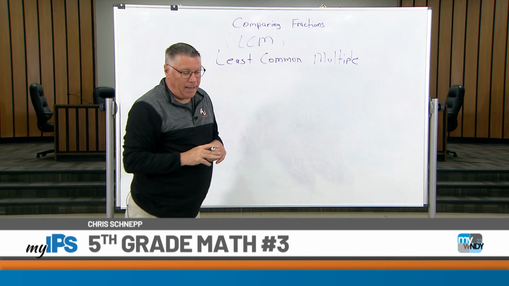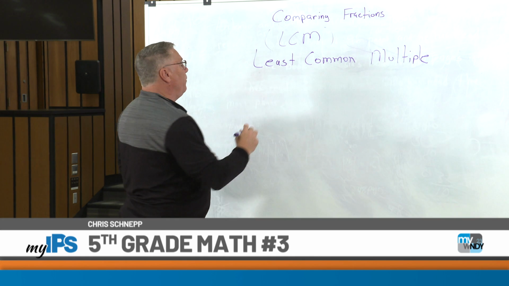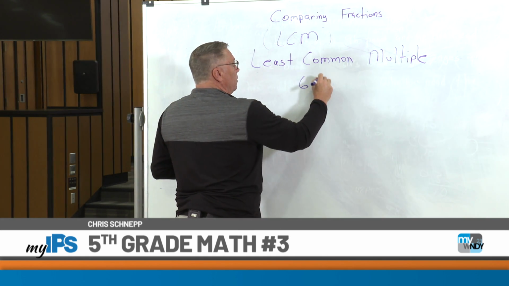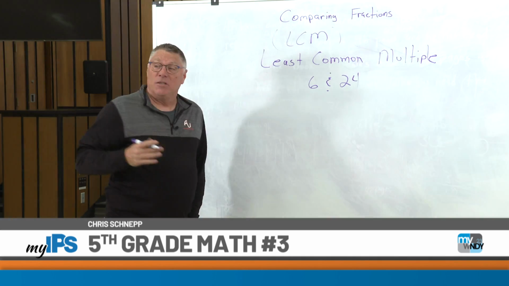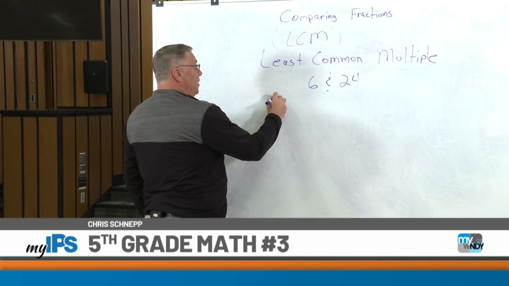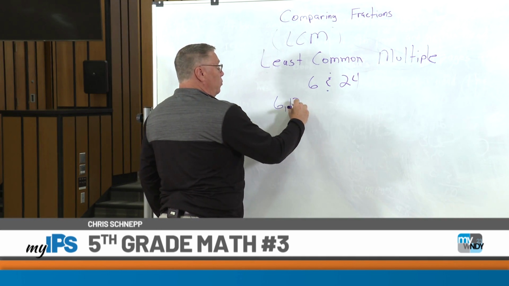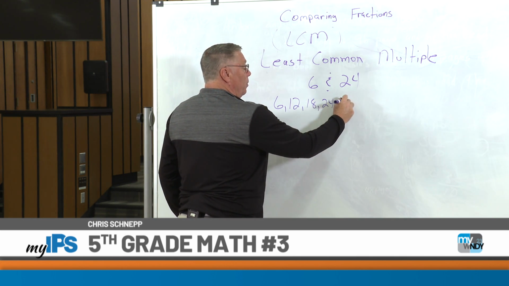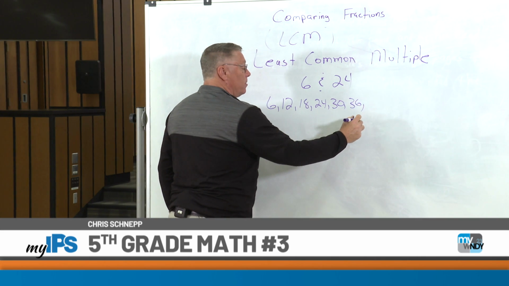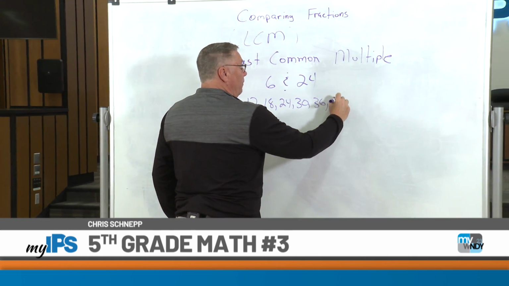We're going to take the numbers 6 and 24 and find their least common multiple. So we're going to count the multiples of 6: 6, 12, 18, 24, 30, 36, and we'll stop at 42.